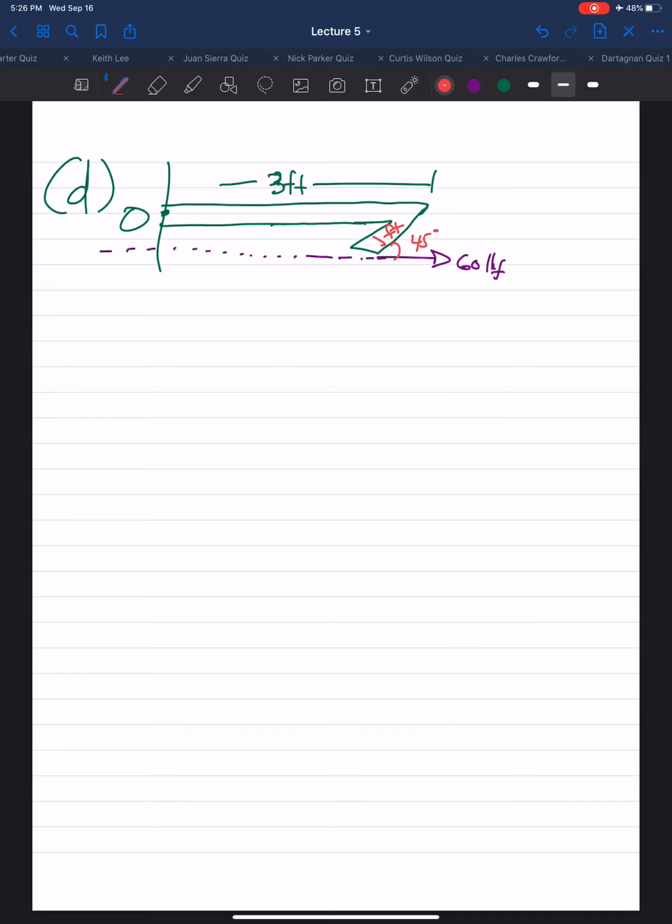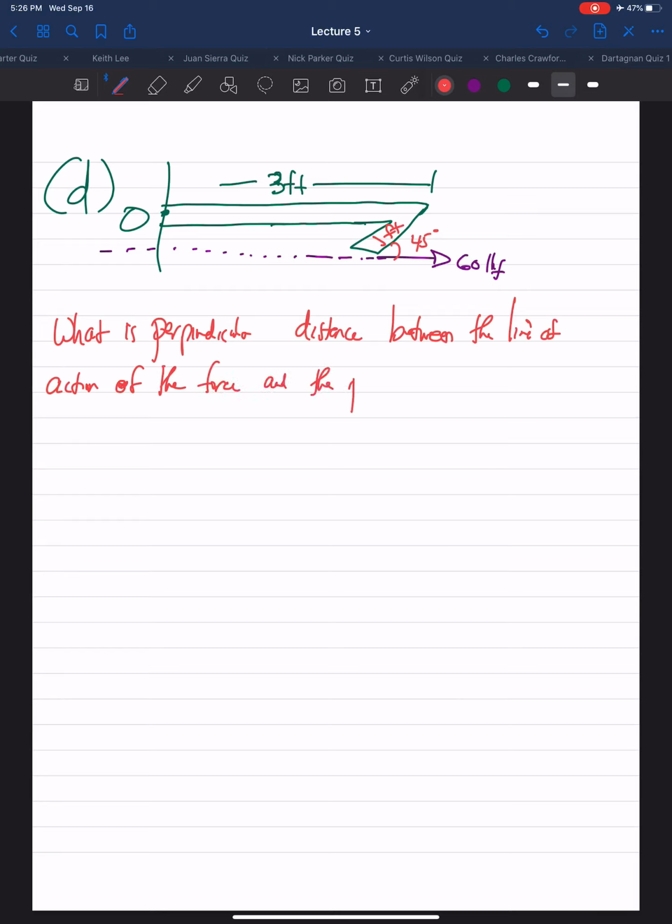So the first thing we want to know is, what is our perpendicular distance between the line of action of the force and the point O?